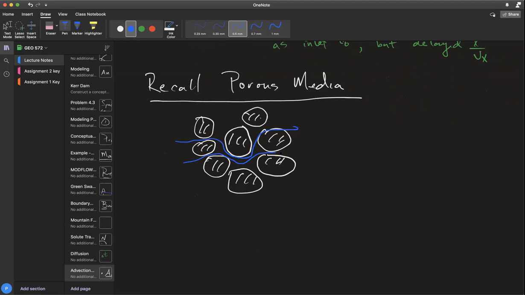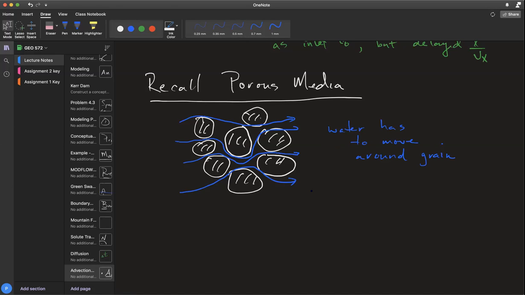And so it's got to take this tortuous path through an REV. But we are considering transport at the REV scale.